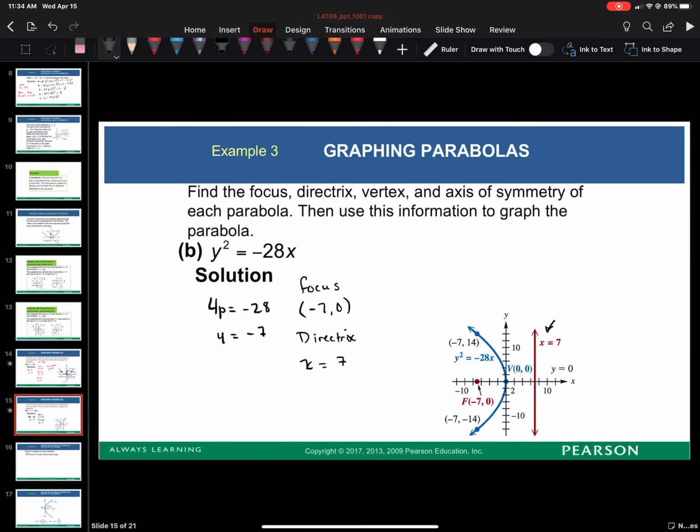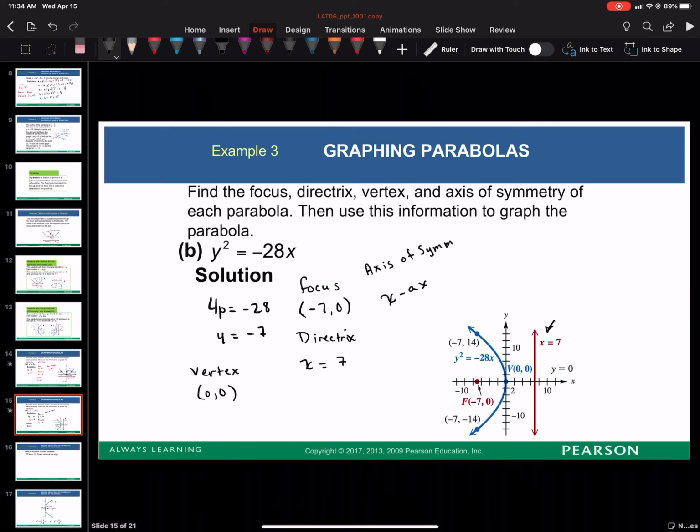So now our vertex is still what? (0, 0). So the vertex is (0, 0). And you know that our axis of symmetry is what?